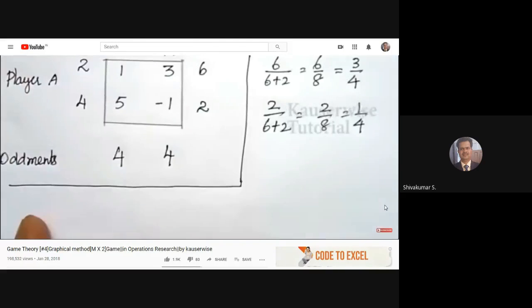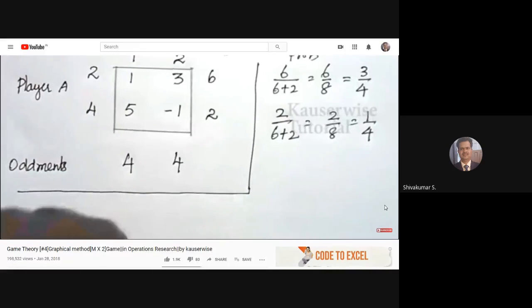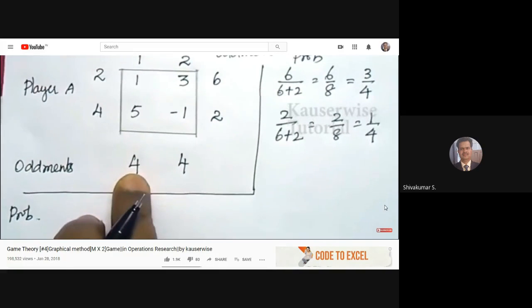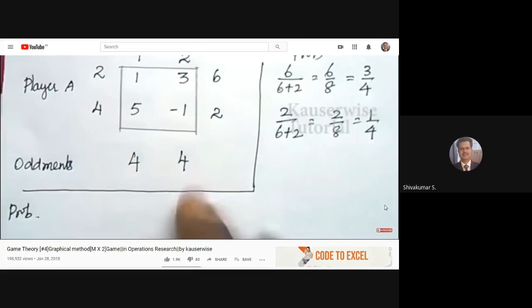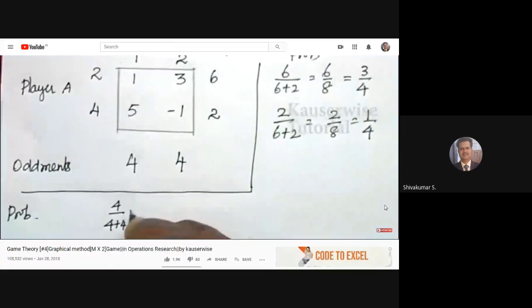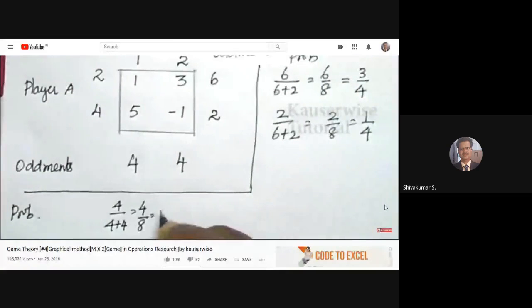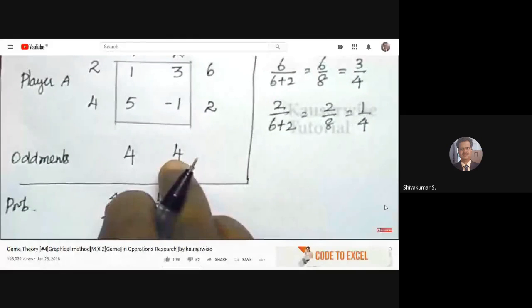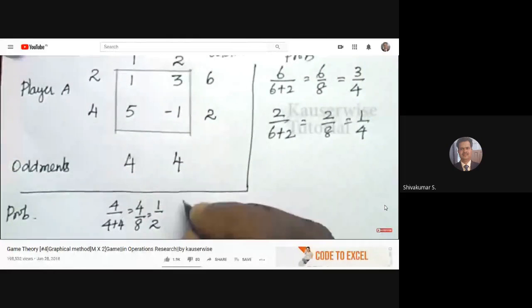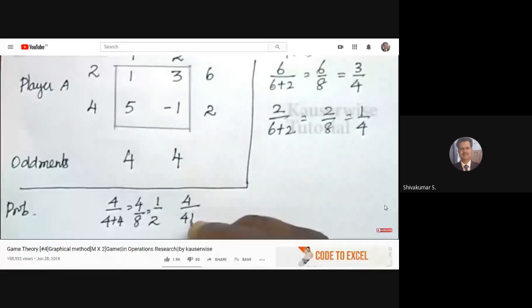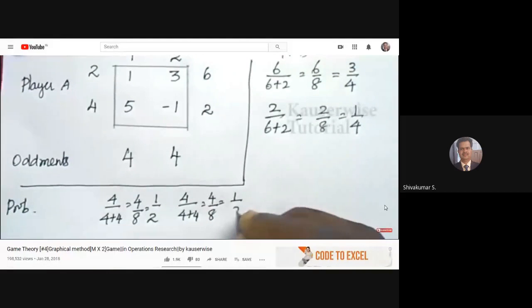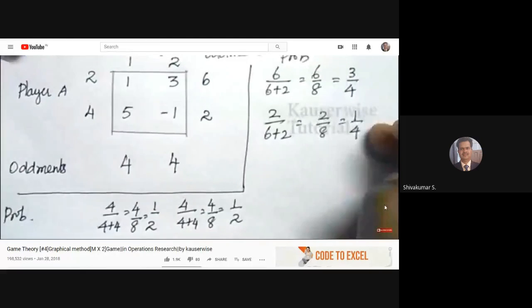In the same way, find the probability for the column also. 4 divided by 4 plus 4 is equal to 4 by 8 is equal to 1 by 2. For the second column, 4 divided by 4 plus 4 is equal to 4 by 8 is equal to 1 by 2. So these are the probabilities for row and column.